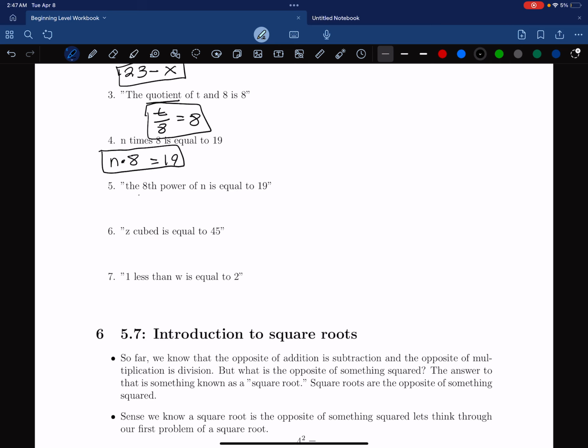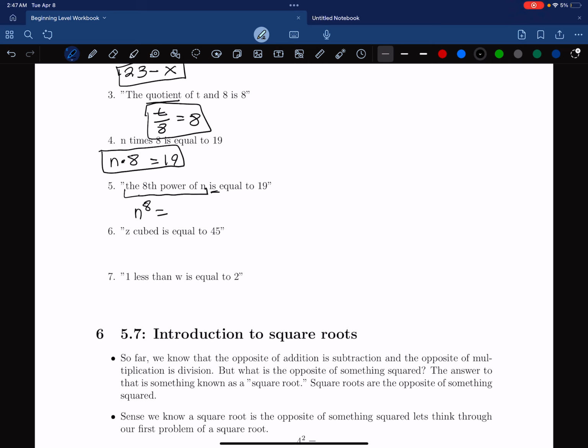So let's first break this part up. So we have the 8th power of n. So what this means is we're going to take n and raise it to the 8th power. So 8th power of n, then we have is, which is equals, and then it's equal to 19, as our answer for this one.